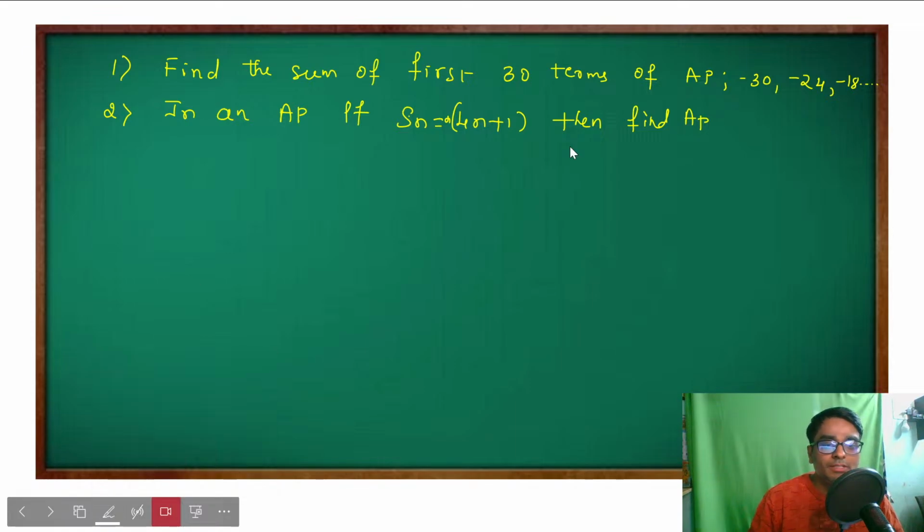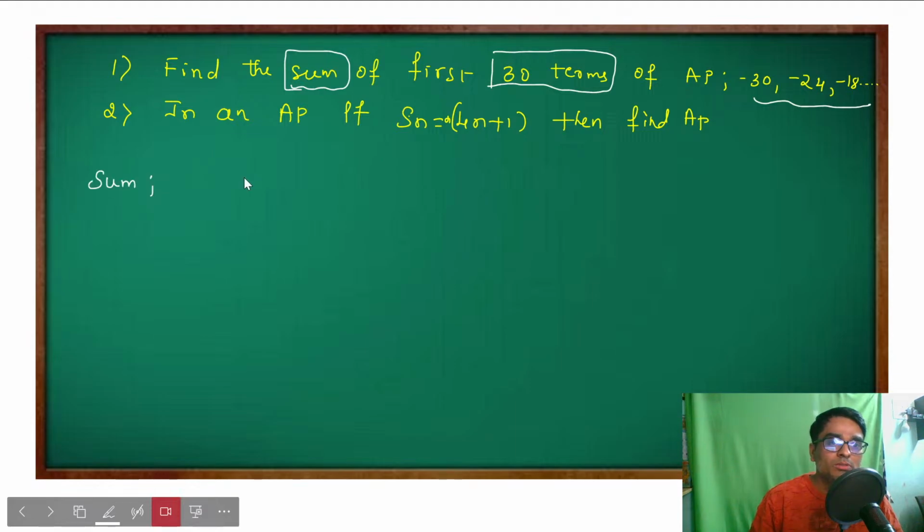Solution for the first one, that is find the sum. Look at this word, sum of first 30 terms. How many terms? First 30 terms of the AP. The sequence is given here. When you see this word sum, you should use the Sn formula, because it is the sum of n terms.